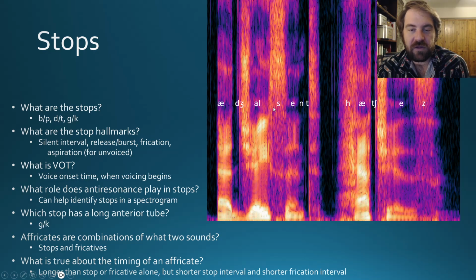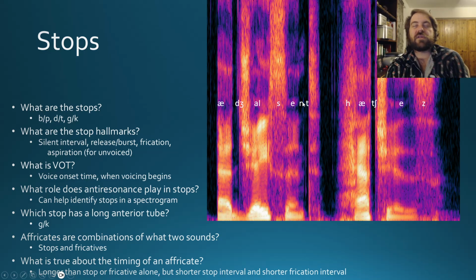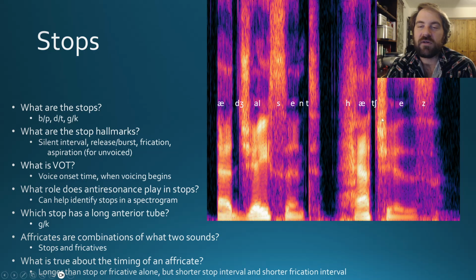Adjacent hatches. Anything else I want to talk about in adjacent hatches? Doesn't really look like it. We can sort of see some differences between this T and this TSH.